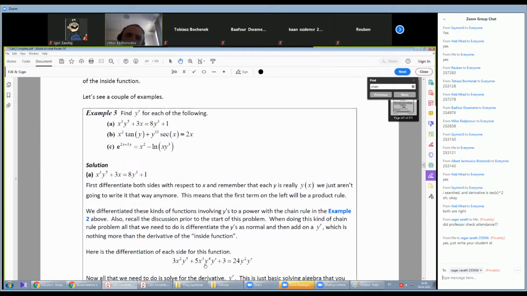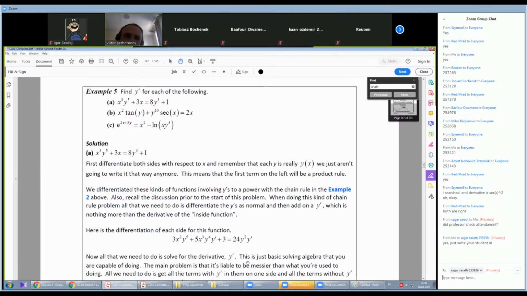So 5 goes in front, and then x cubed remains. Then you have plus 3x here, so you have plus 3 here as well. Here you have y cubed plus 1, so plus 1 goes away in the derivative, and then we have 3 times y squared times y prime. Right, so I hope this is clear.